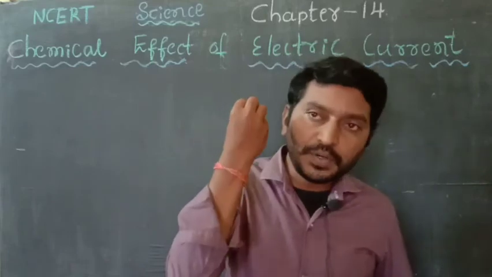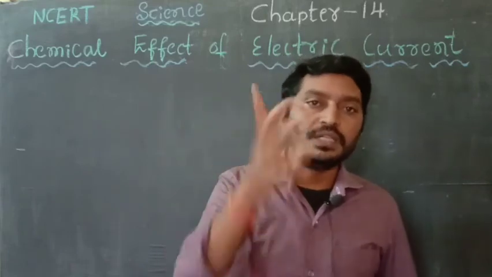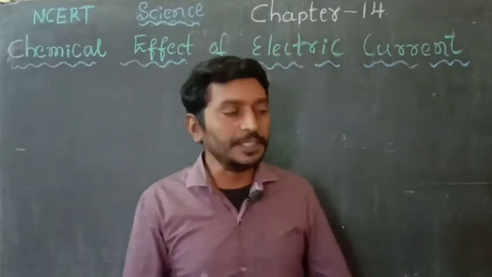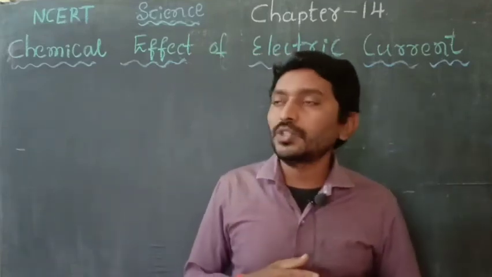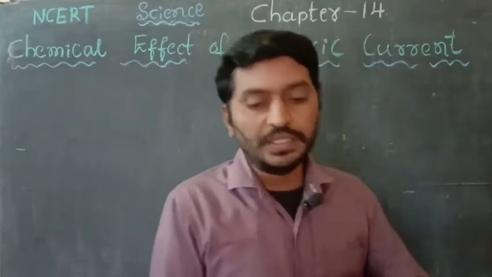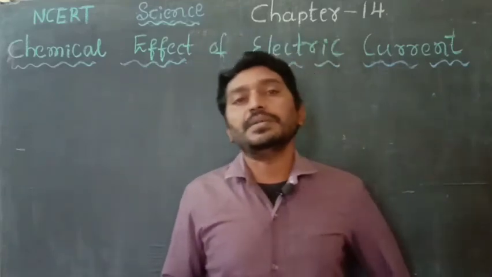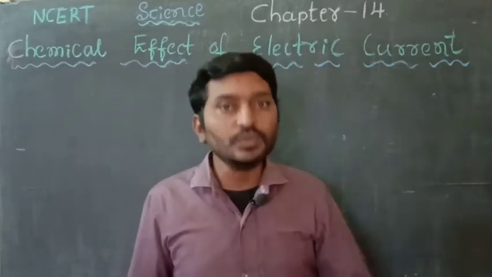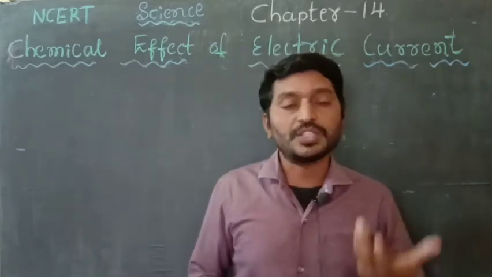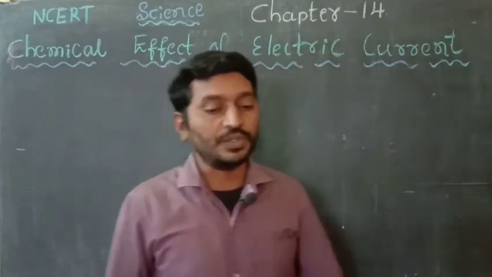When the bulb glows, we come to know the liquids definitely pass electricity through them. But do you know, students, how the electricity flows through the circuit and how the bulb glows? Let's discuss one by one.